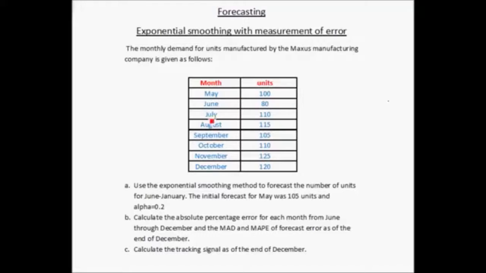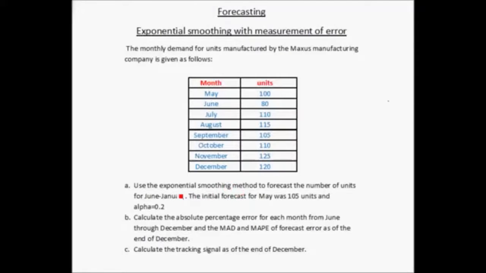Now what we are being asked to do is use the exponential smoothing method to forecast the number of units for June till January. So we have the actuals, but we want to find out what would be the forecast based on the exponential smoothing method.